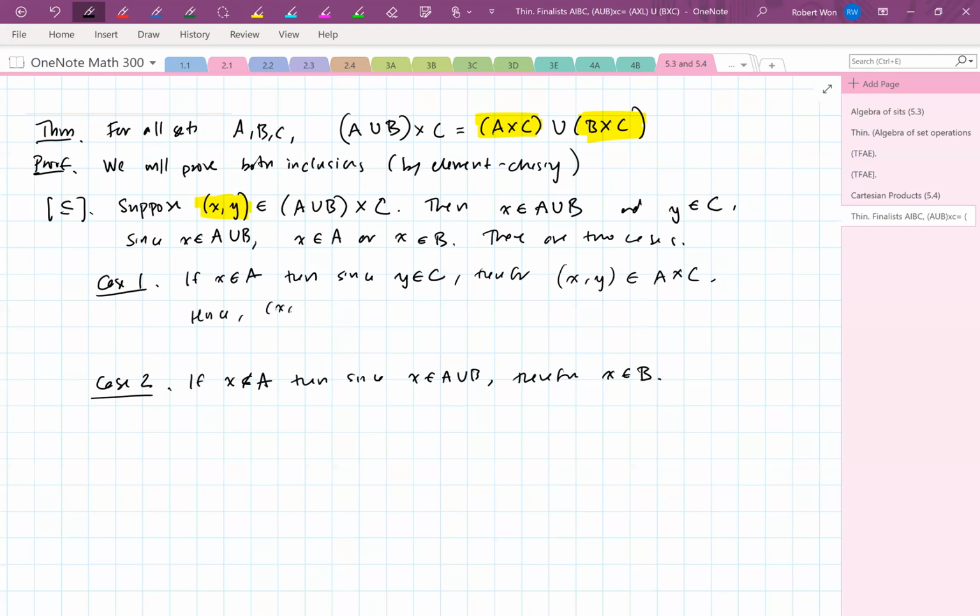Hence, x comma y is definitely in the union of A cross C with something else. This is by the first theorem today. Right? A cross C is a subset of A cross C union any other set.